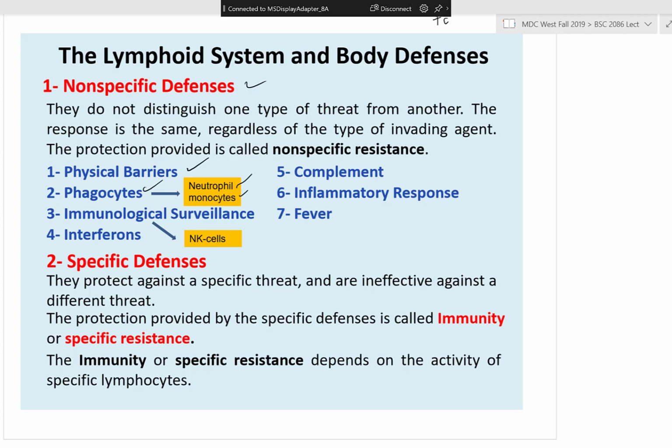Whenever an antigen tries to enter your body through a cut or through one of your mucosal barriers, the first ones to be there to neutralize the infection will be neutrophils. First line.